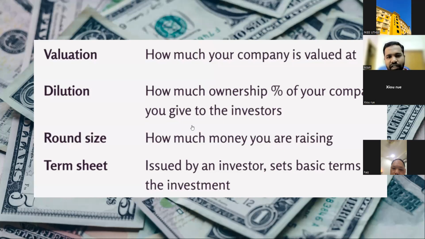Anything without the word million and billion, the venture capitalist is not interested in. Maybe the angel investor will still be interested, but for the venture capitalist, it should always be billions, millions. If you go and tell a venture capitalist that you're targeting a $10 million market, he will not invest. It needs to be more than 1 billion, 2 billion, $3 billion market, and your revenue should also be more than $1 million.